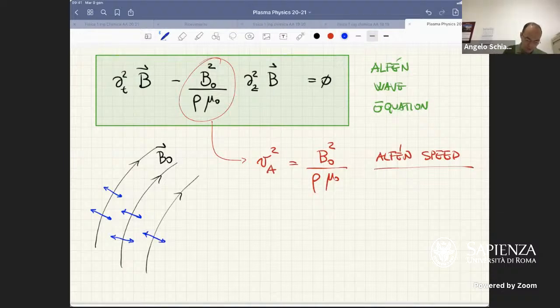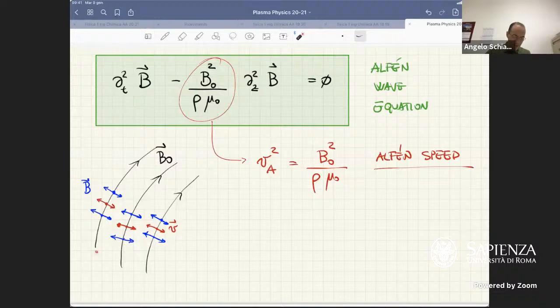So we have the B field of the wave, and at the same time we have the velocity of the fluid, let's call it V, that are both oscillating normally, perpendicular to the direction of the field lines. So this more or less is what is happening.